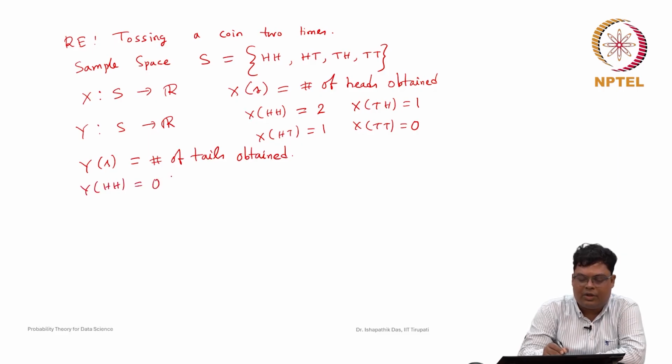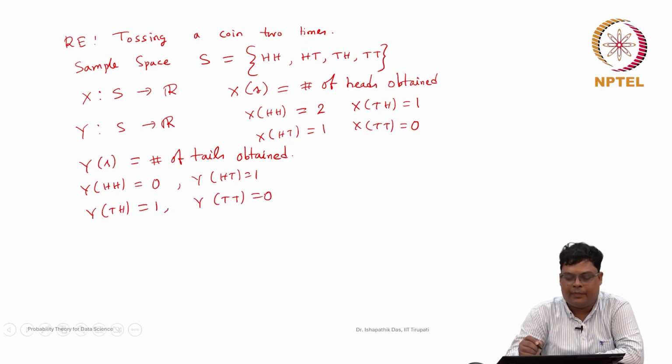This will be equal to 0, because we are talking about the number of tails. 2 heads were obtained, so the number of tails will be 0.